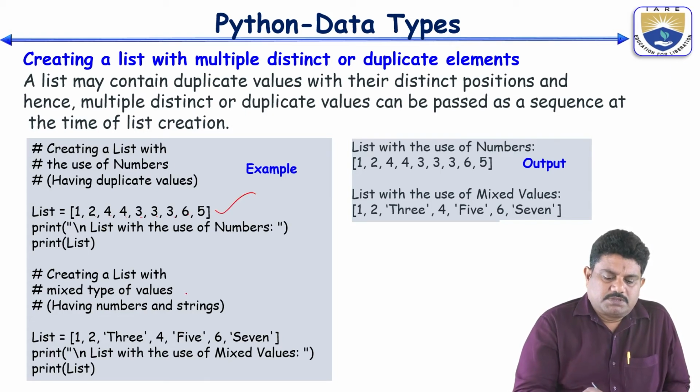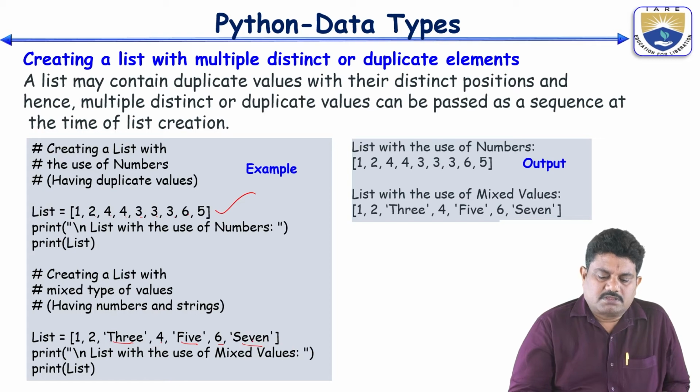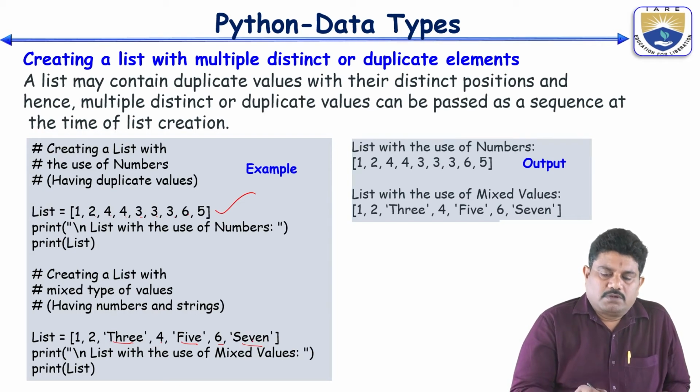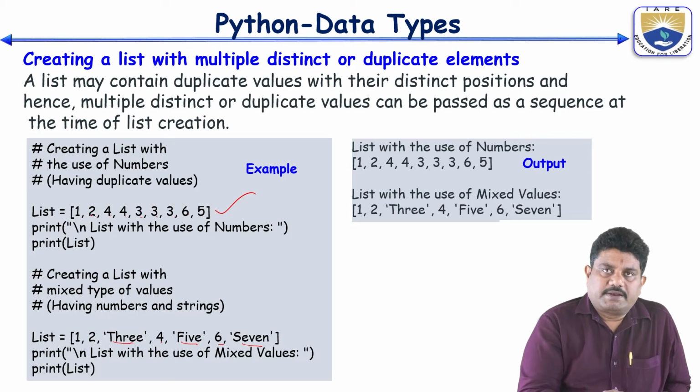And creating a list with mixed types of values. See here, list 1, 2, 3, where 3 is a string, 4 is a number, 5 is a string, 6 is a number, 7 is a string. When you are mentioning values in a list, if they are numbers, no quotes, single, double, or triple, are required.